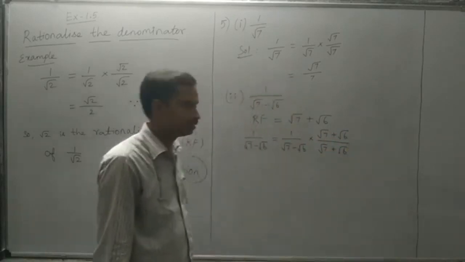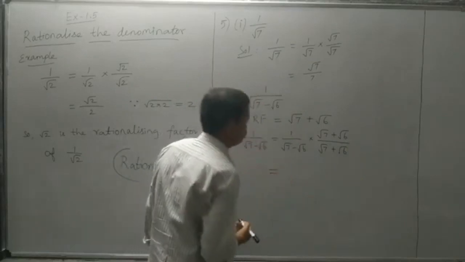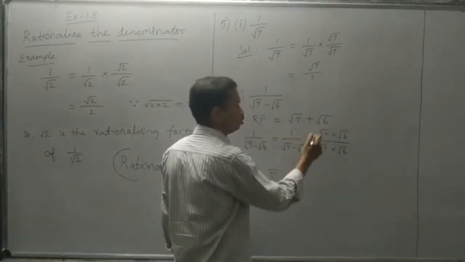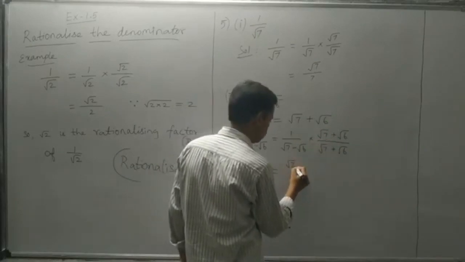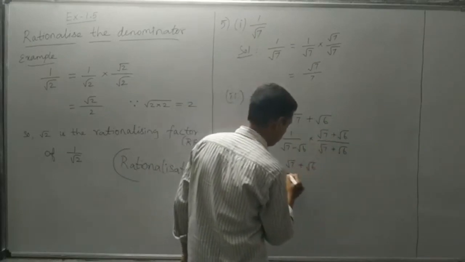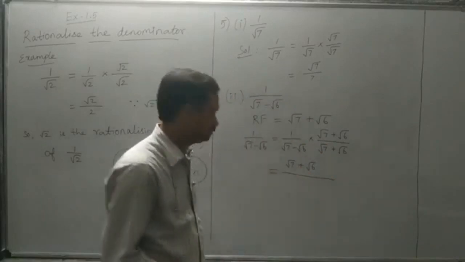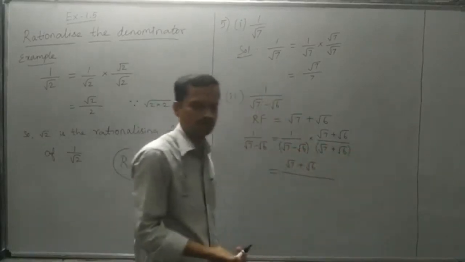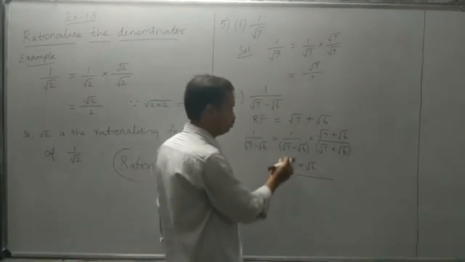You see how I am doing that? Now, continuing, in the numerator you multiply 1 into root 7 plus root 6. So you get the same root 7 plus root 6. And what comes in the denominator? Just multiply. To avoid confusion, you can put brackets.